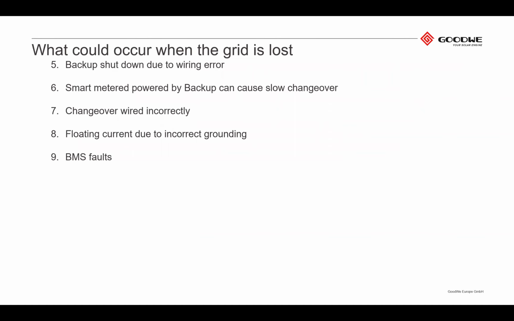Then there's just a last few things. And as I said, we're all human. A lot of times we send electricians to site to do work and just wire up these systems, and sometimes mistakes are made. So very often there are wiring issues, especially wiring of changeovers. Changeovers very often are wired incorrectly, and that results in sort of bypassing the backup constantly, or either putting the grid input into the backup when the changeover is flipped.